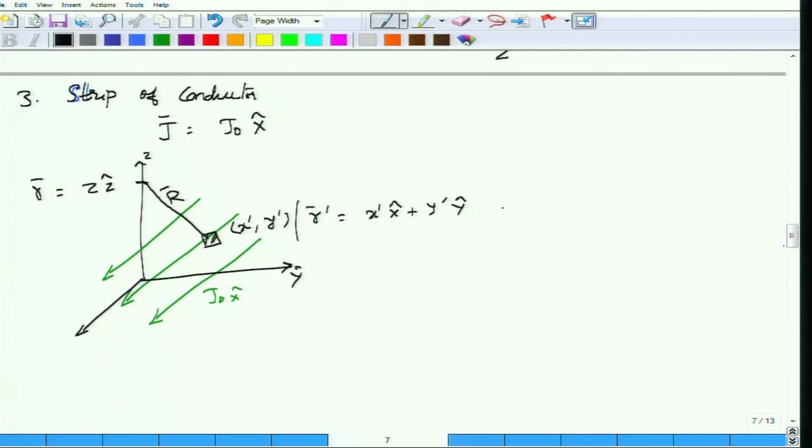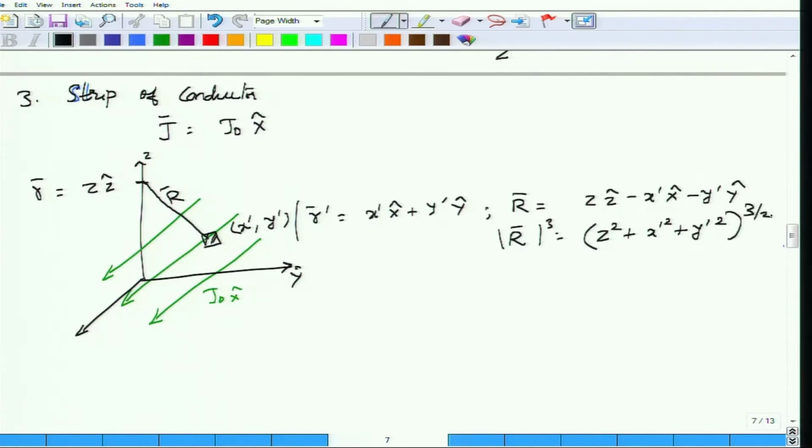That vector r will be given as z z hat minus x prime x hat minus y prime y hat, right. And the magnitude of the vector to the cube, which is what you would want, is given by z square plus x prime square plus y prime square to the power 3 by 2.